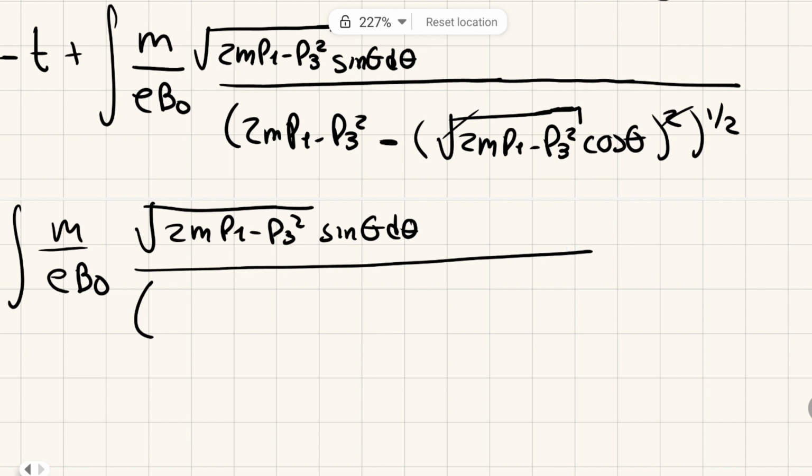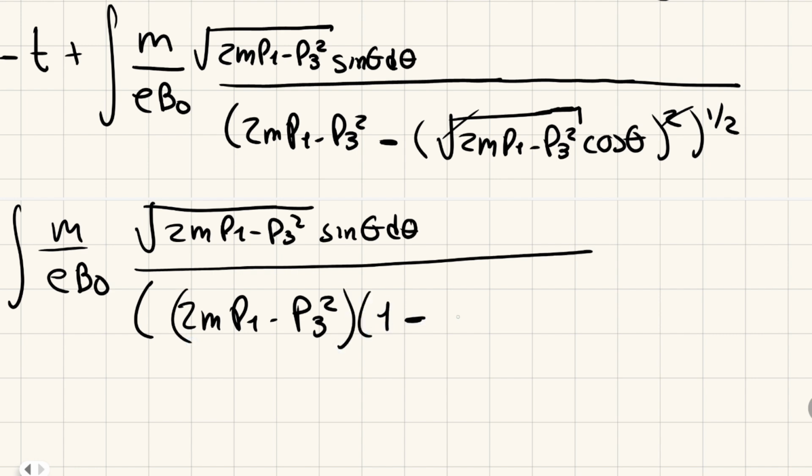So we have a common factor of 2mp1 minus p3 squared. So this can be written as 2mp1 minus p3 squared that multiplies 1 minus cosine squared theta. You can very easily notice that this thing is the same as what we have here. And this is all raised to the 1/2.